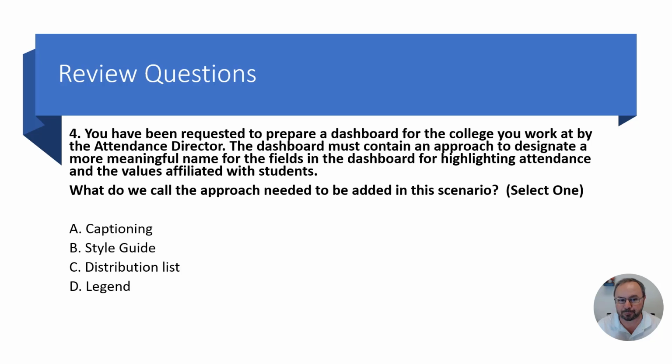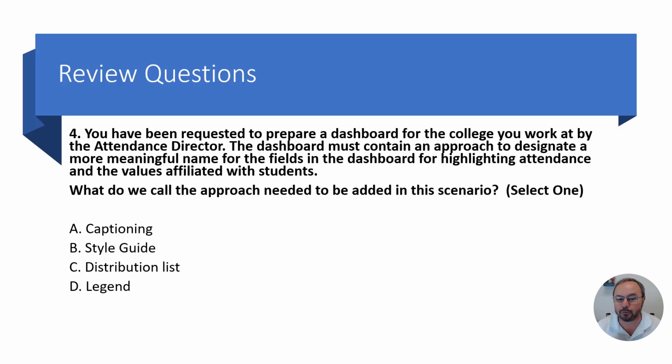Next question. You have been requested to prepare a dashboard for a college that you work at, and this is by the attendance director. I don't know if there's an attendance director, I just made it up. The dashboard must contain an approach to designate a more meaningful name for the fields in the dashboard by highlighting attendance and the values that are affiliated with specific students, or with all students.